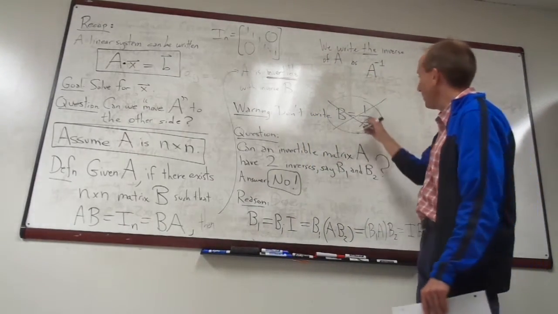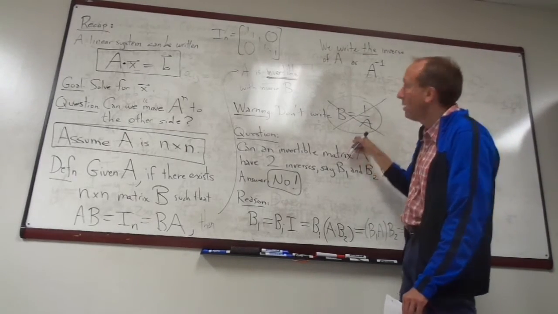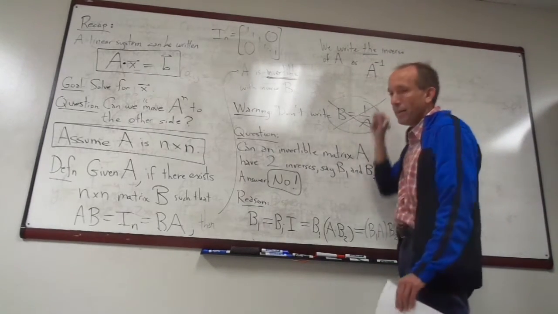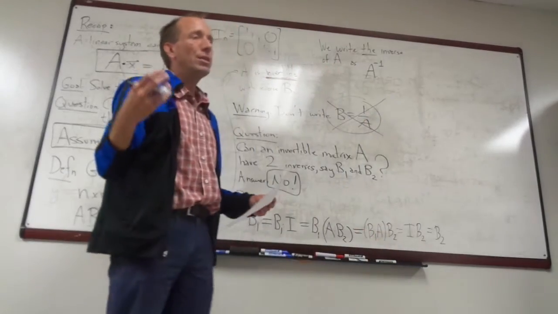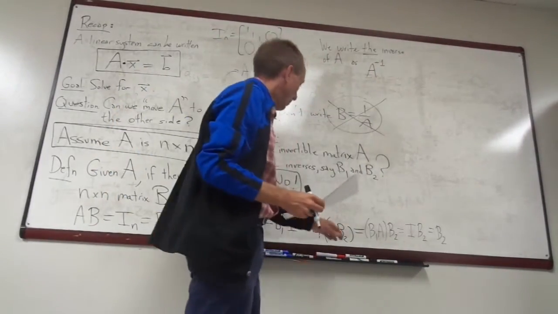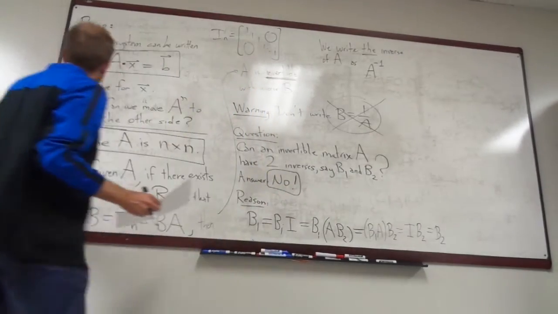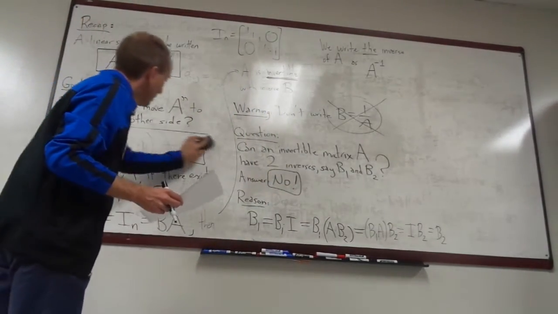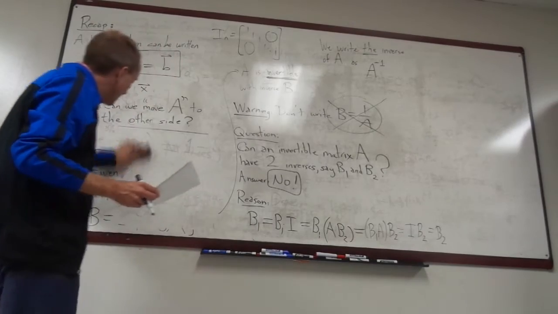Again, please don't write 1 over A. When we're dealing with matrices and inverses, we're only going to use exponents here. So we use a -1 exponent for A inverse. Okay. So that's for a square matrix A.